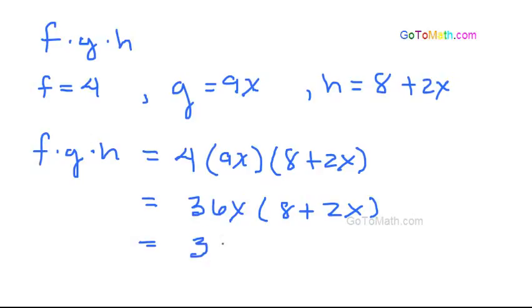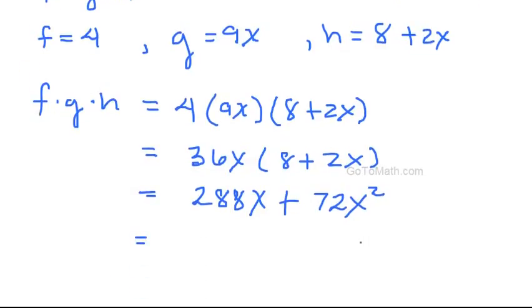So 36 times 8 is, let's see, 6 times 8 is 48, 24, so 288x plus, and then we'll go ahead and distribute 36x times the 2x, and of course that's 72x squared.